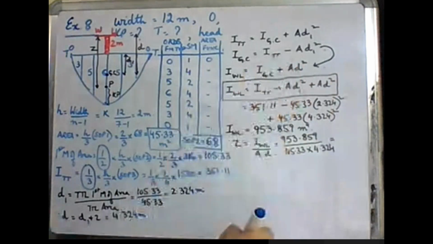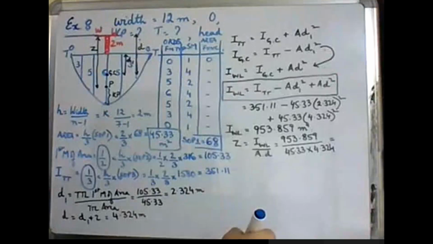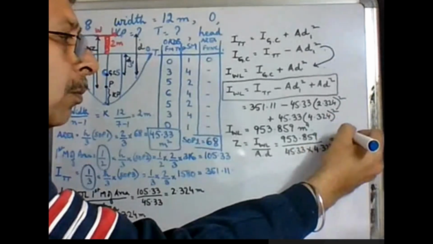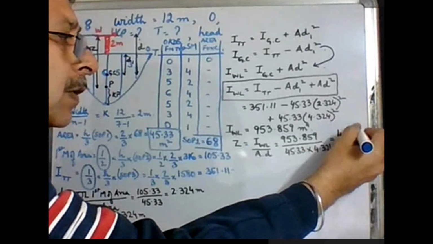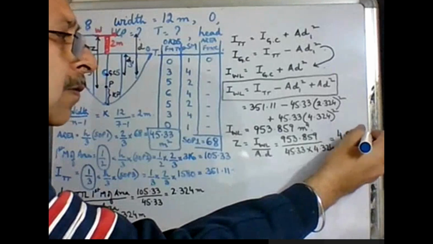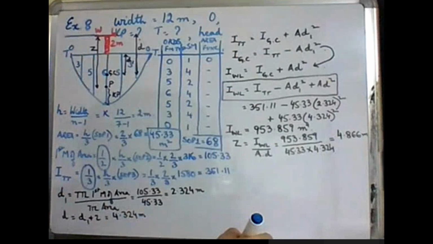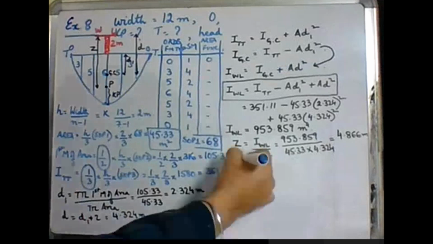So Z is equal to how much? 4.866, going up to 3 decimals, will give you Z. And therefore now you find out Kp.